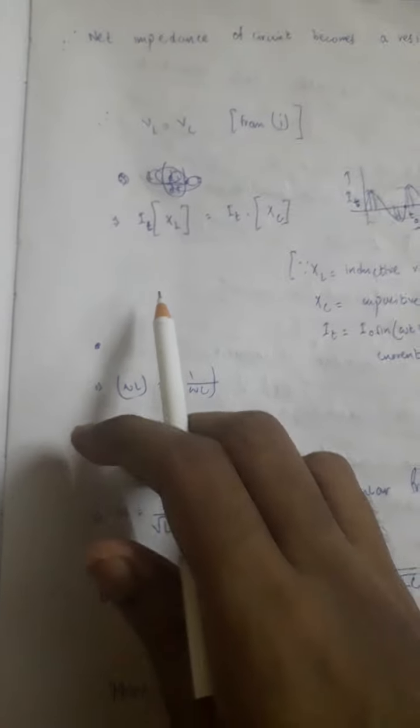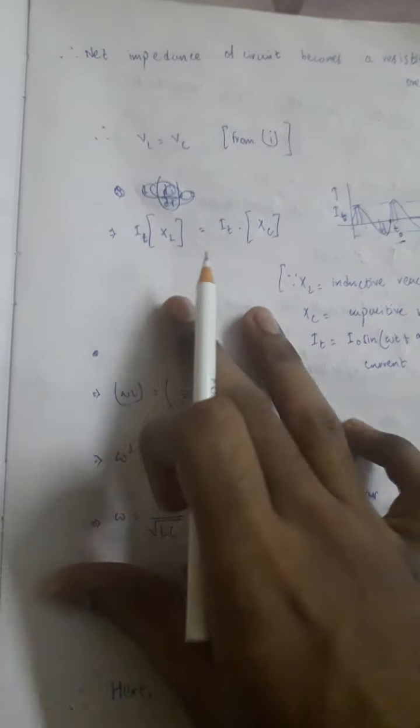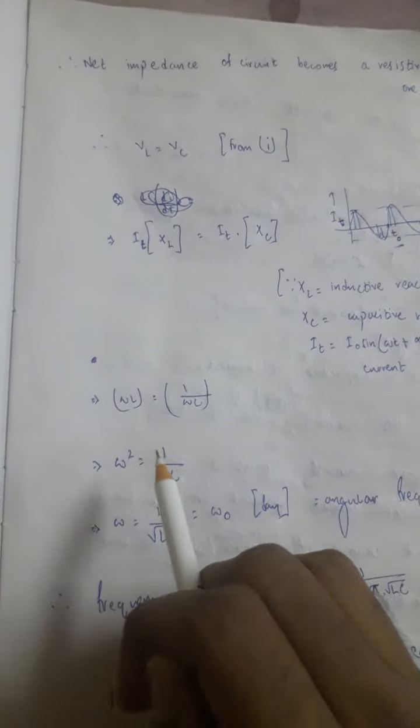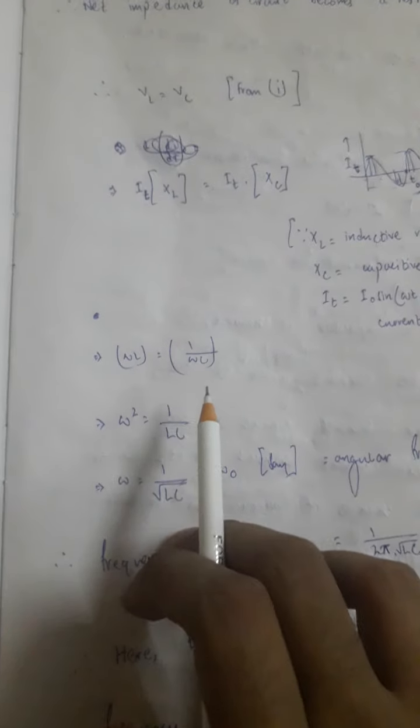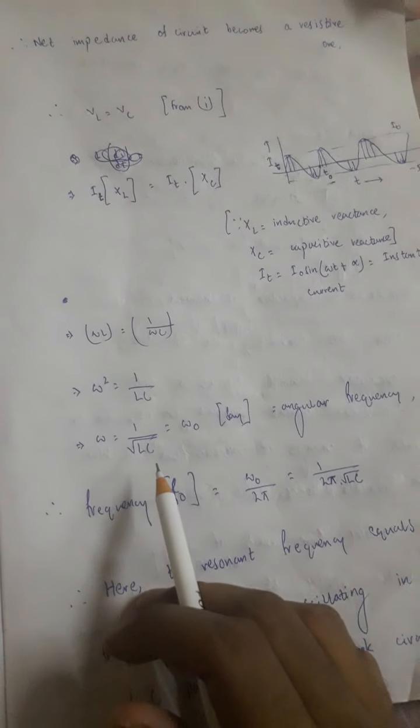Here, back to the main concept: whenever XC is equal to XL, omega L is equal to 1 by omega C, finally omega is equal to 1 by root under LC, which is omega naught.